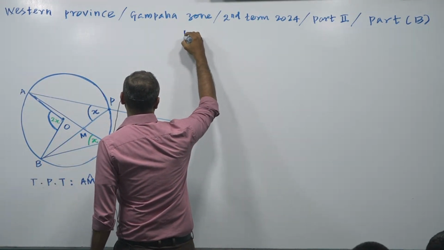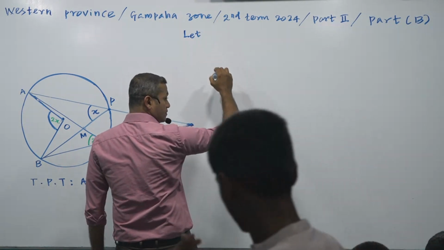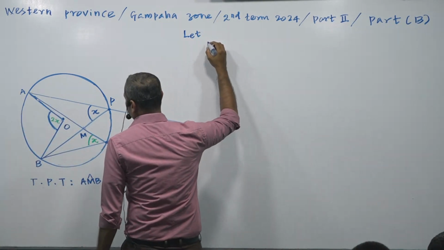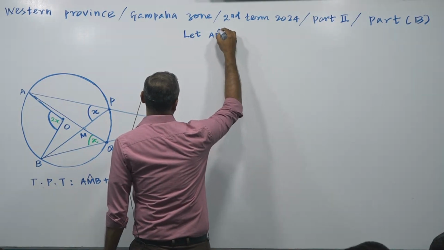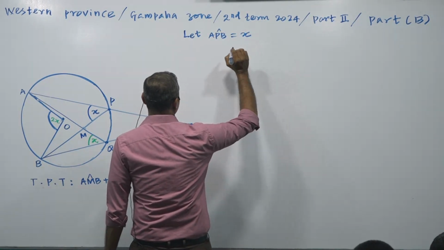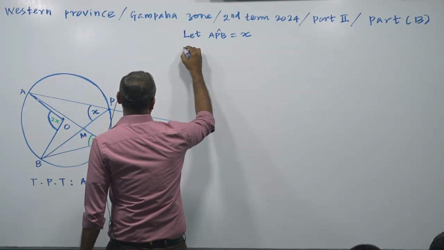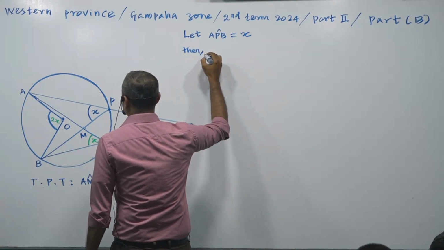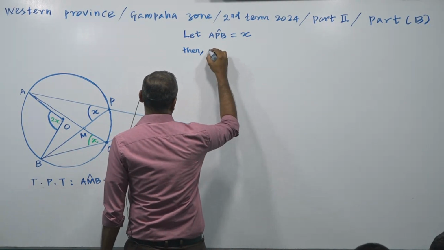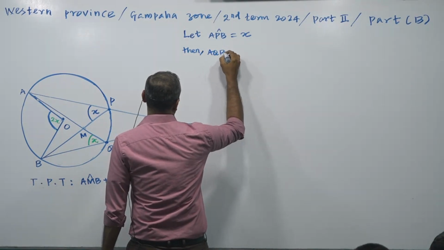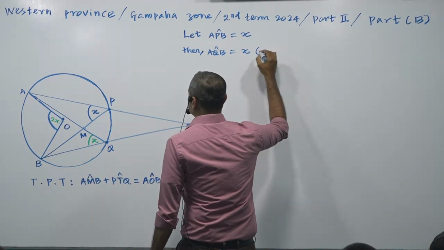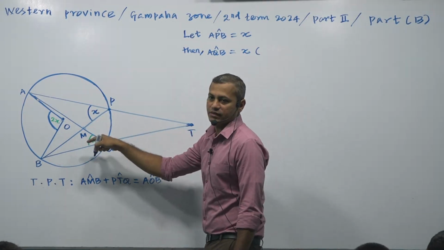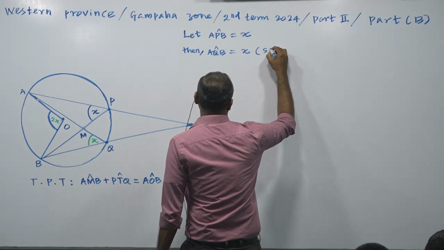Let me write that first. Let APB equal x. Then you know AQB is equal to x. Why is AQB x?